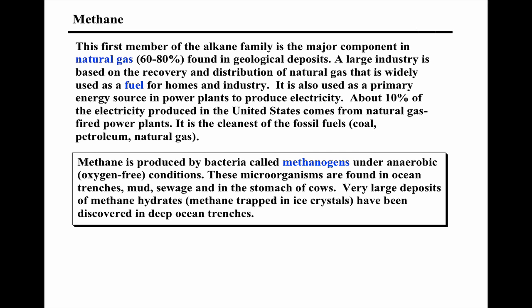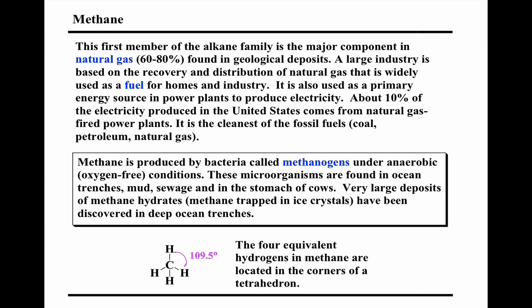And we believe that there's enough hydrates in the deep ocean to actually give us all the natural gas that we would need for the foreseeable future. The problem is, how do you go that deep in the ocean and bring those things up and use it on an economic scale? And we just haven't figured that part out yet. But there are huge, huge deposits of these methane hydrates all across the globe deep in the ocean.